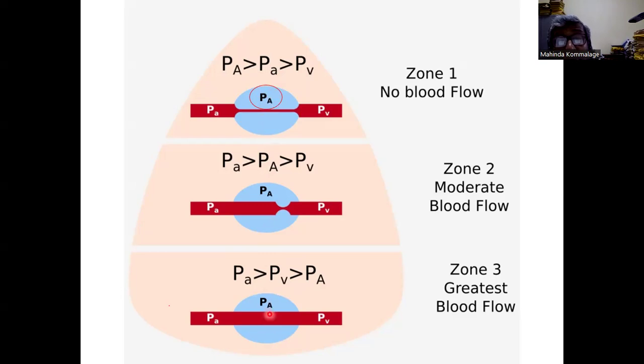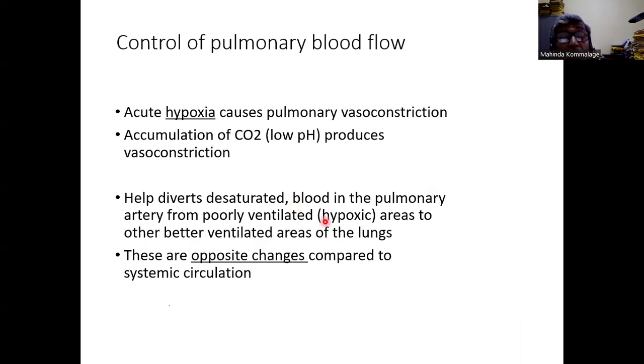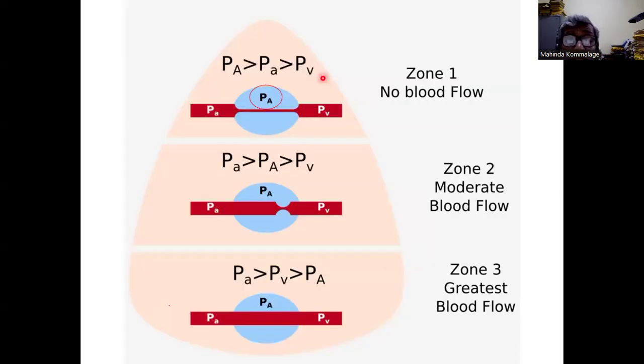So try to understand this variation, and we can say almost no blood flow in the upper part and very good blood flow in the lower part and the middle part in between that. So this variation in the perfusion is very important for the gas exchange in the different parts of the alveoli, right? So I will come to the perfusion again when I describe ventilation and perfusion ratio.